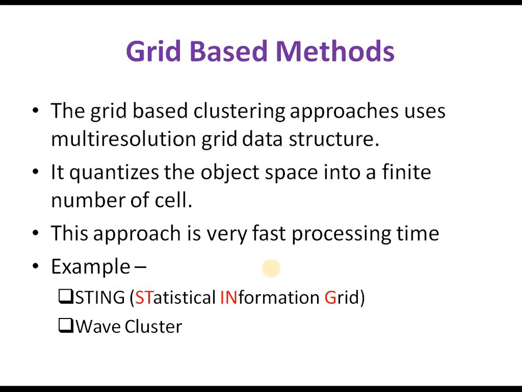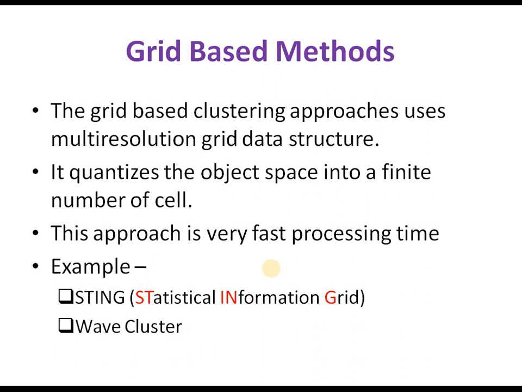It then uses a wavelet transformation to transform the original feature space, finding dense regions in the transformed space. In this approach, each grid cell summarizes the information of a group of points that map into the cell. This summary information typically fits into main memory for use by the multi-resolution wavelet transformation and the subsequent cluster analysis.